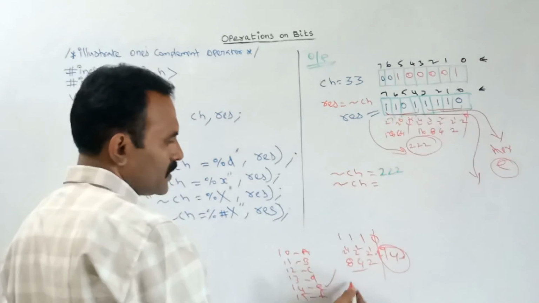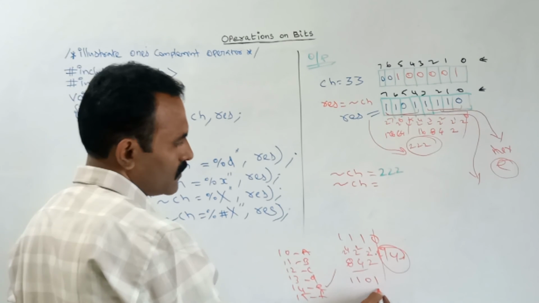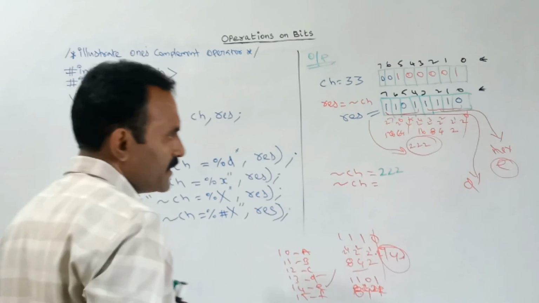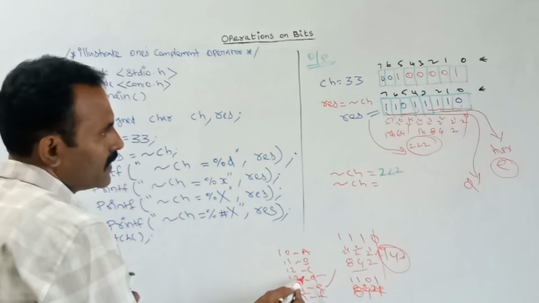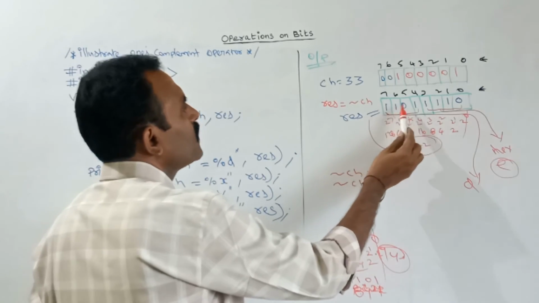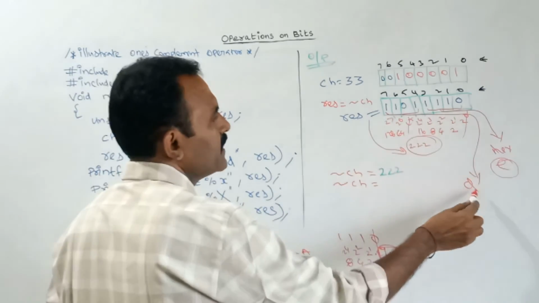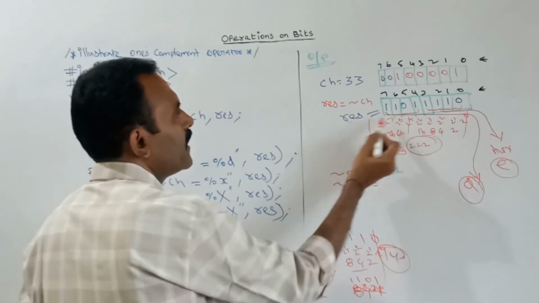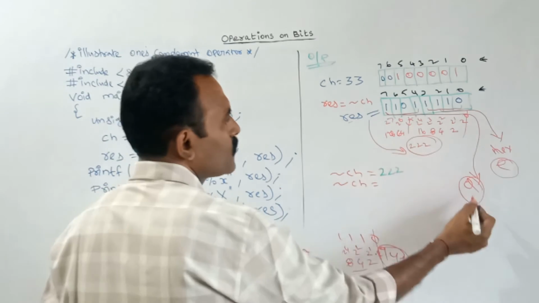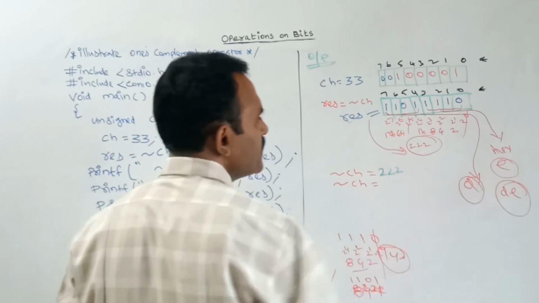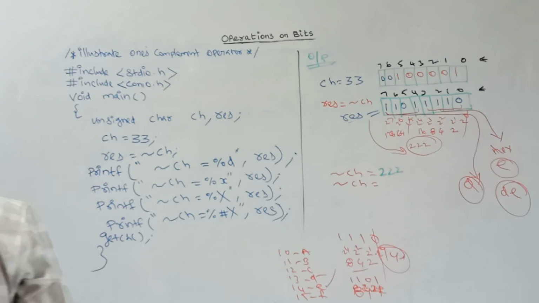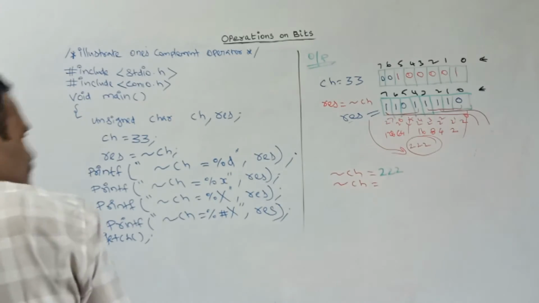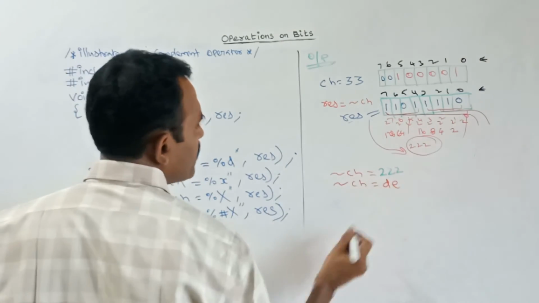Here 1101 is D. If you convert this 1101 into hexadecimal, the value is D. So the hexadecimal value of RES, that is of the number 222, is D and E. DE is the hexadecimal value. So it will print the value DE.